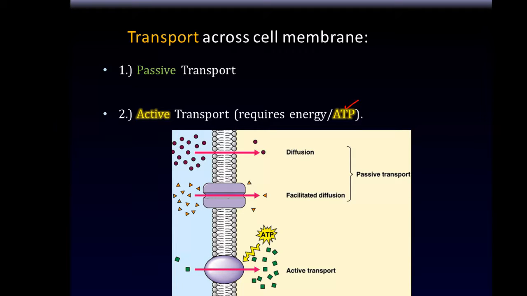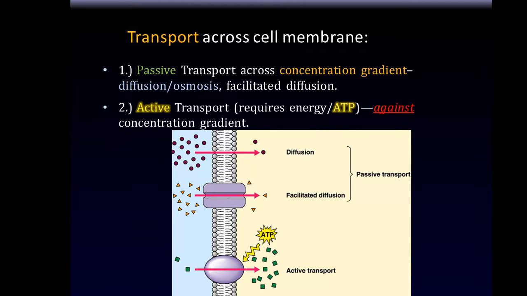So sometimes moving stuff across the membrane does not require the cell to expend energy, and that's called passive transport. When the cell does require energy to do the effort to move things, it's called active transport.